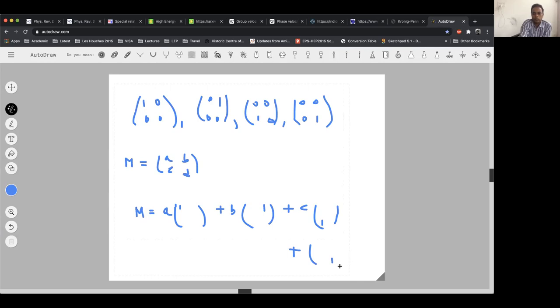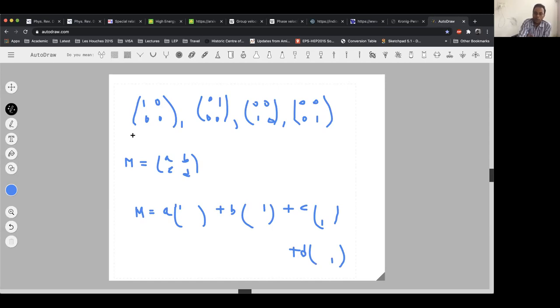Just like you write a three-dimensional vector r as x times i cap plus y times j cap plus z times k cap, exactly similar to that. So there will be D here. These four are actually the basis vectors.